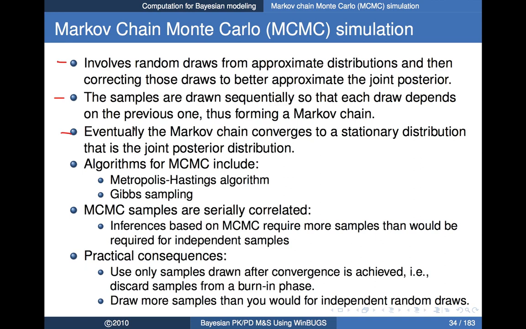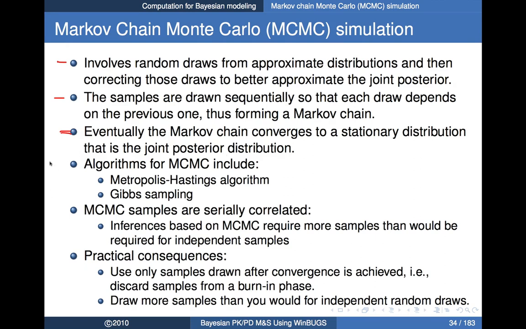The samples are drawn in a way where one sample depends in some way on the previous one, so a Markov chain is being formed. In other words, the samples are not independent random samples, but eventually that collection of samples from that Markov chain converges to a stationary distribution that's equivalent to the joint posterior.